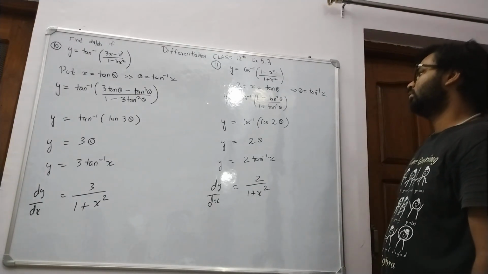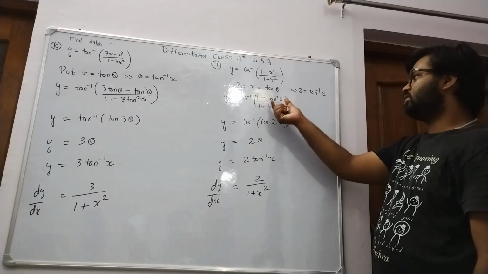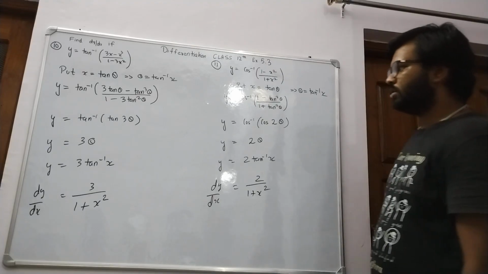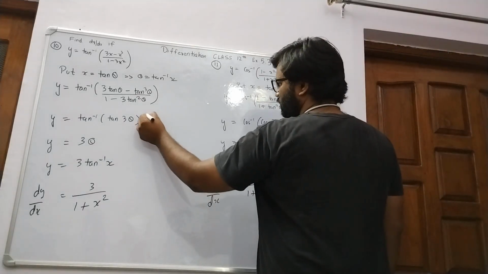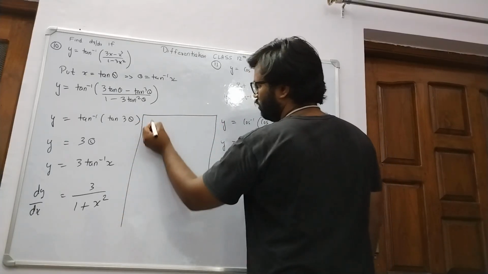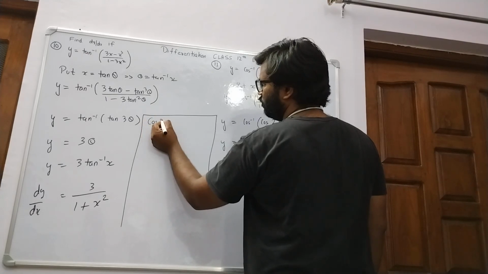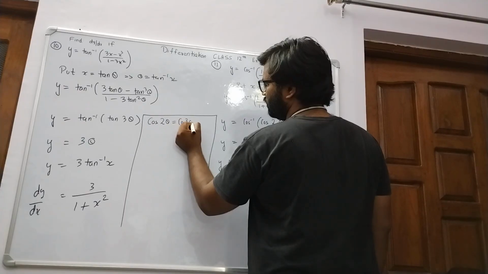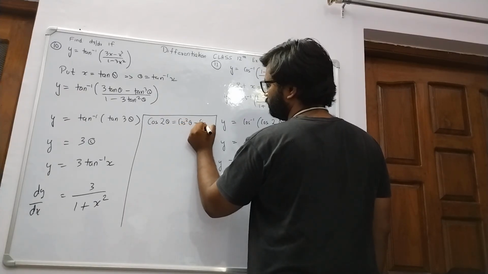Now again, how come 1 minus tan square theta upon 1 plus tan square theta is equal to cos 2 theta? This is the formula. When you study the formula for cos 2 theta, we were told that there are three formulas for cos 2 theta. That is cos square theta minus sin square theta.